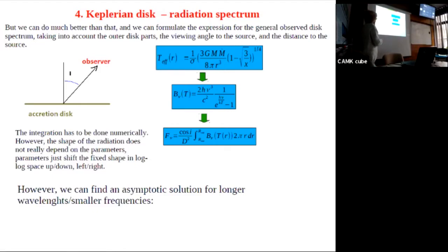So in principle, you should do this exercise numerically. It's basically simple. But then you also have to include that if you really look at the system at a certain viewing angle, you see the disk not face on.